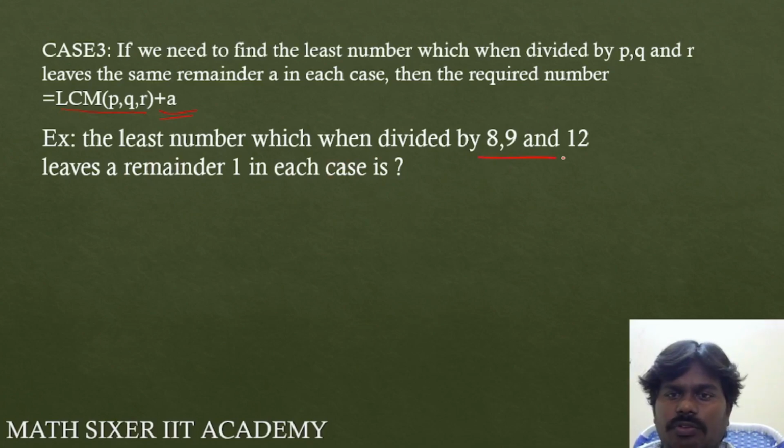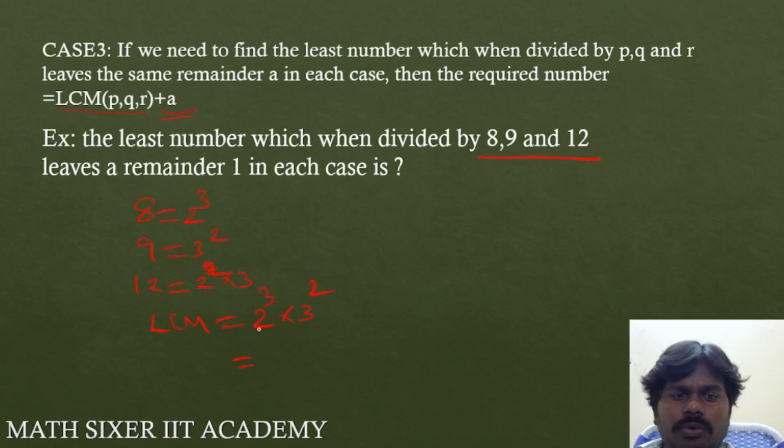So here first we have to find the LCM of the numbers. 8 is 2 power 3, 9 is 3 squared, and 12 is 2 squared into 3. Okay, so the LCM is the greatest power of 2, which is 2 power 3, and of 3, which is 3 squared.